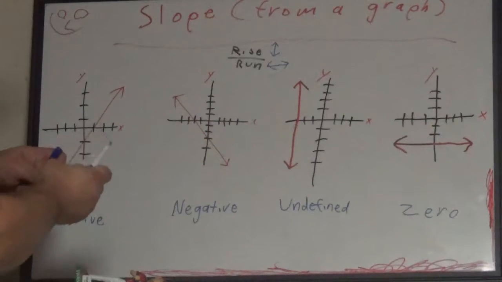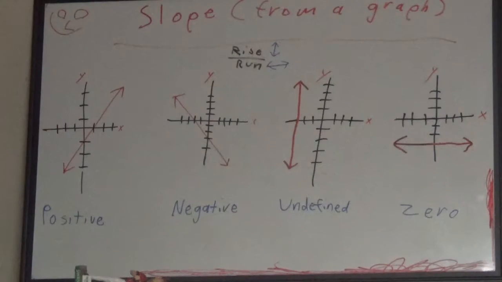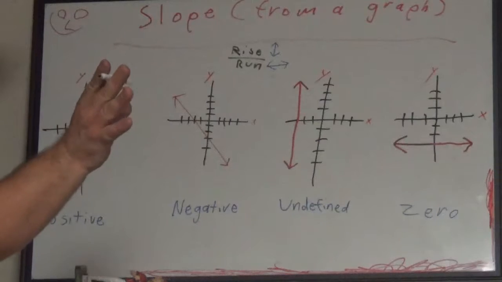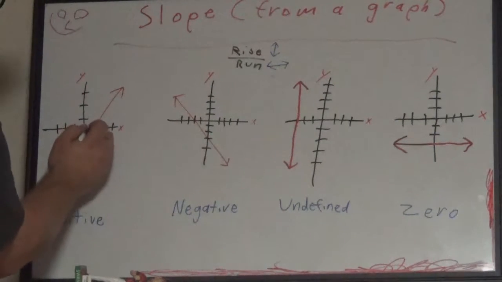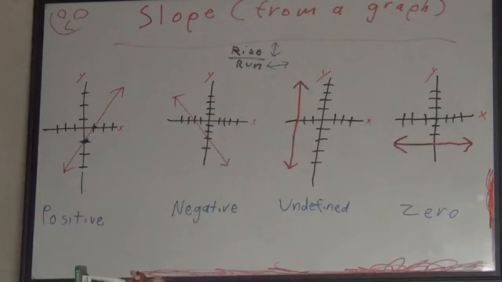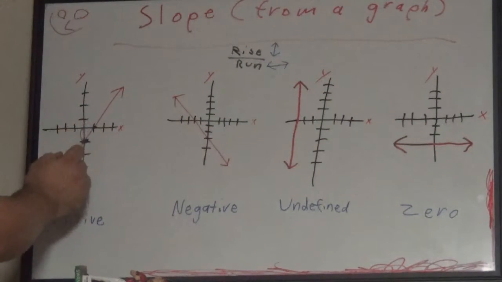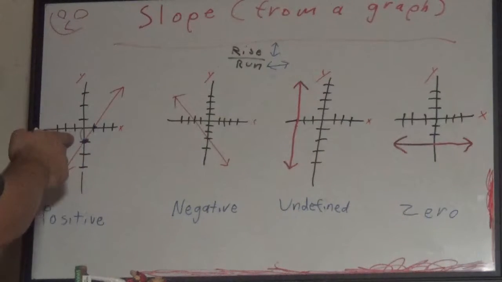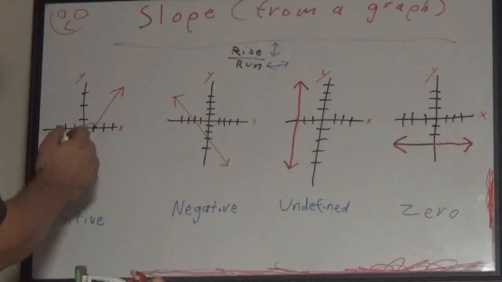It's also known as the change in y over the change in x, but that's a little clunky compared to rise over run. So, what we're going to do is look for 2 points on the graph, and count how far you go up. That's the rise, and how far you go over, and that's the run.